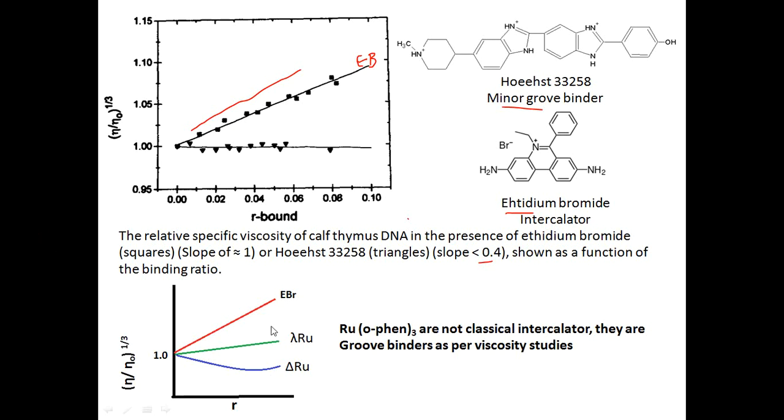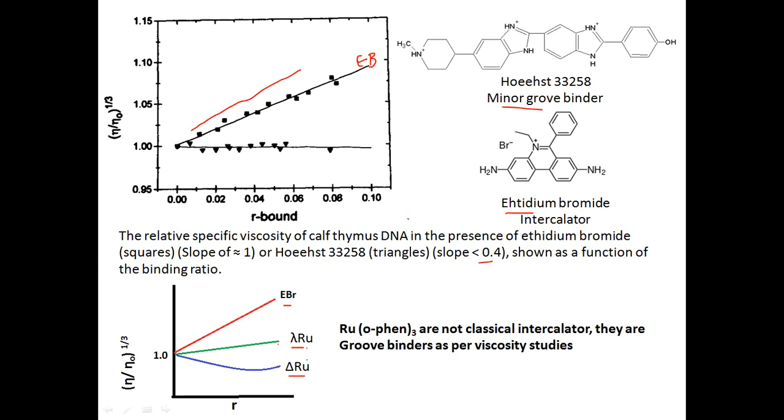In the same way, the experiment is carried out with different ligands, like ethidium bromide with reference to lambda ruthenium complex and delta ruthenium complex. It is clearly seen that the ruthenium complexes also show very little viscosity change compared to ethidium bromide. That means the ruthenium complexes don't go for intercalation mode.